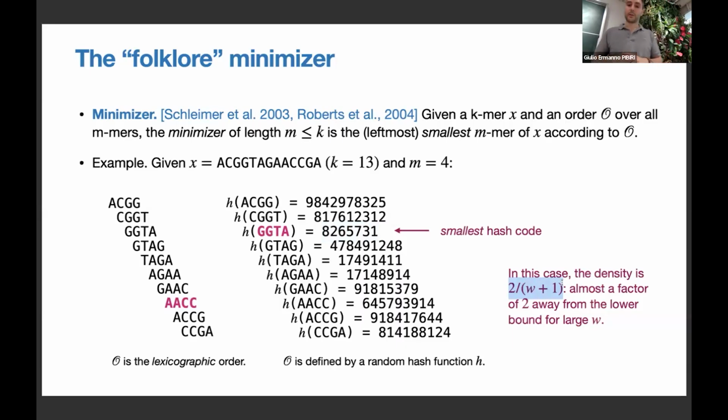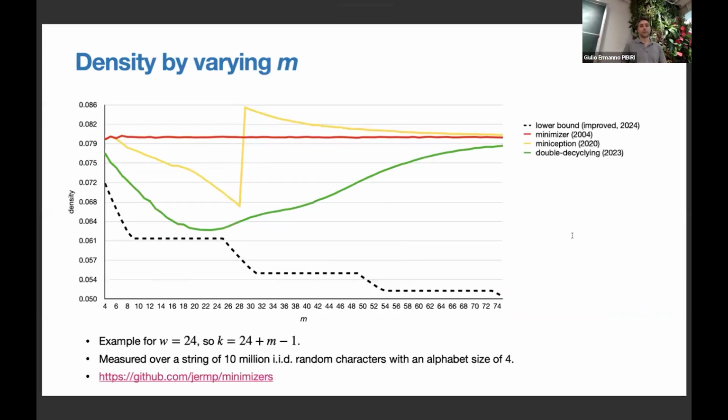Compared to the lower bound, which is 1 over W, this is roughly a factor of 2 away, which I would say is unsatisfactory from a theoretical point of view, because of course we wonder whether we can get close to the true lower bound of 1 over W. But on the other hand, in practice, it's quite good. A factor of 2 away is not a big deal.